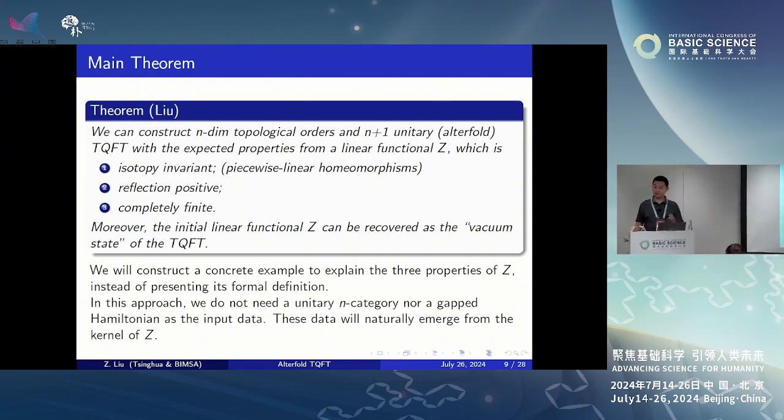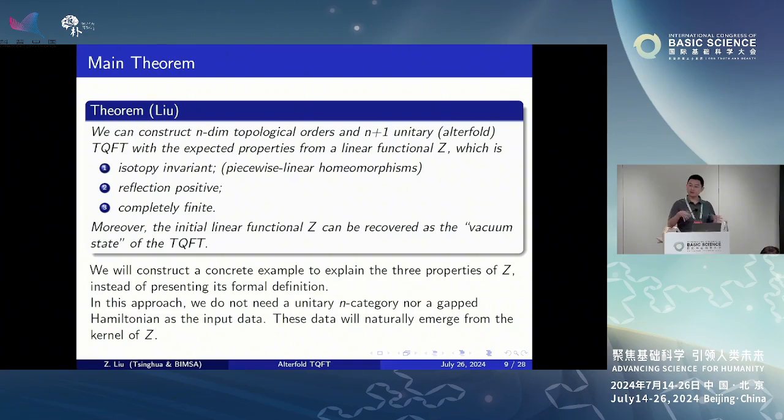And we require 3 properties. First is isotopy invariance. That means we can take piecewise linear isotopy of the lattice on the sphere, and we require that this function is invariant under such isotopy. So essentially we only care about the shape of the lattice rather than the precise position. This captures the topological behavior.